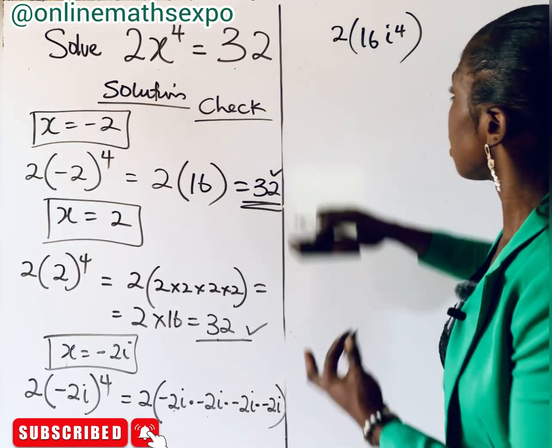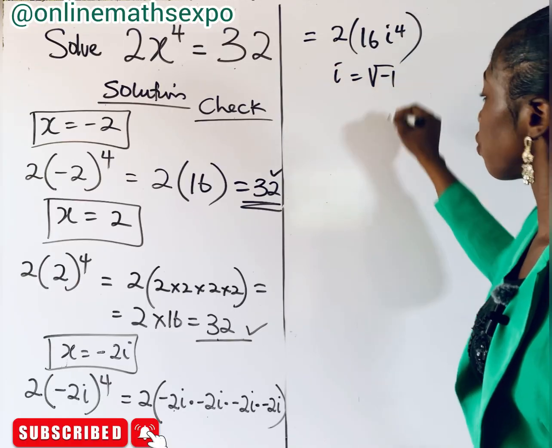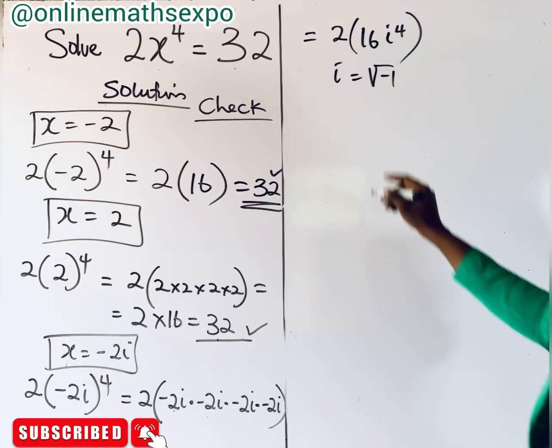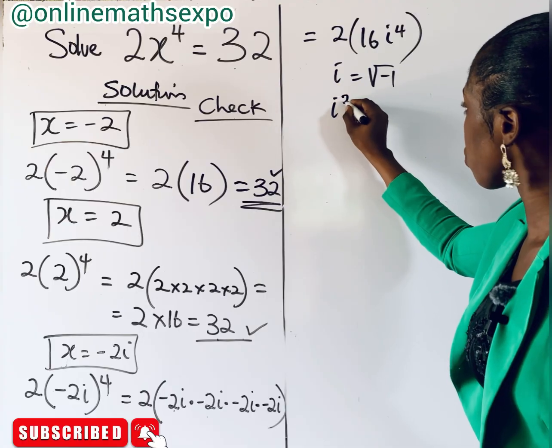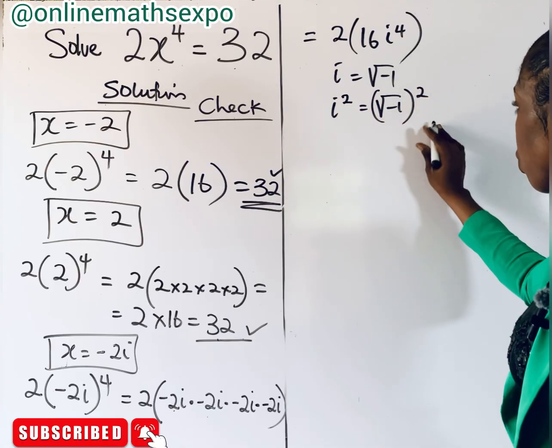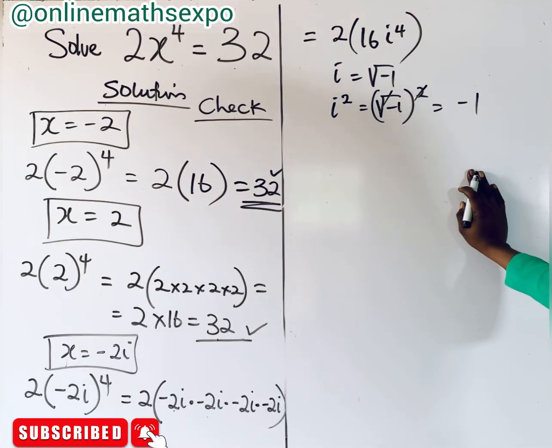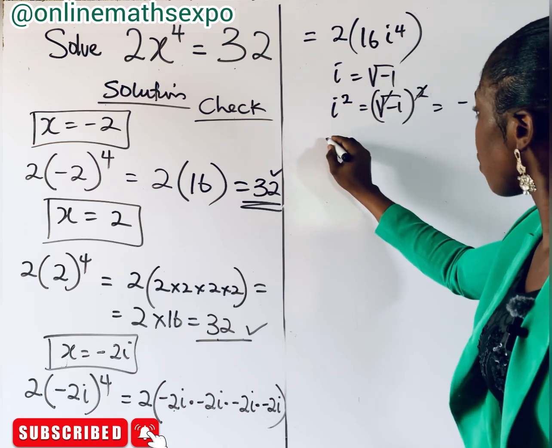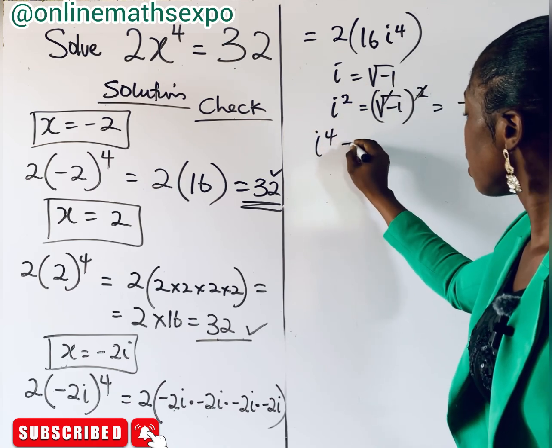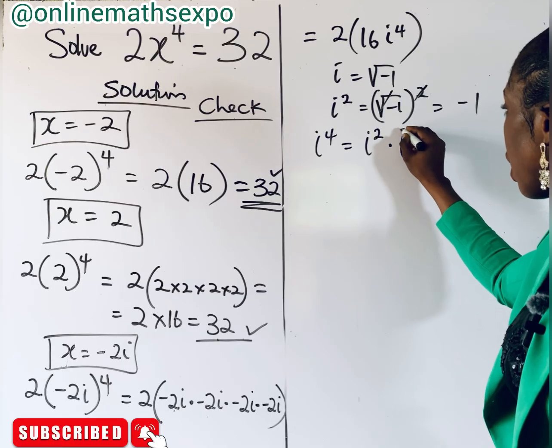Remember that i is equal to the square root of negative 1. So when you have i raised to the power of 2, it means this raised to the power of 2, which means this will cancel, you have negative 1. Now if you have i raised to the power of 4, it is the same as i raised to the power of 2 multiplied by i raised to the power of 2.